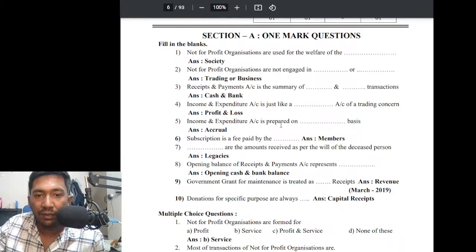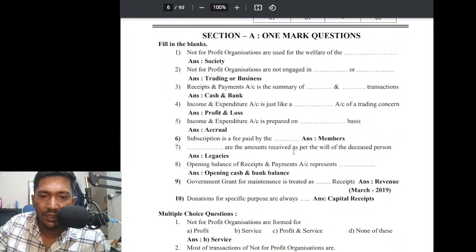The next we have is: dash are the amount received as per the will of the deceased partner. If anything is left by anyone, for example, if the father is leaving any property for the son, that is known as legacies. So legacies are the amount received as per the will of the deceased.